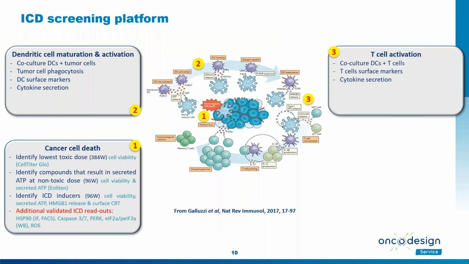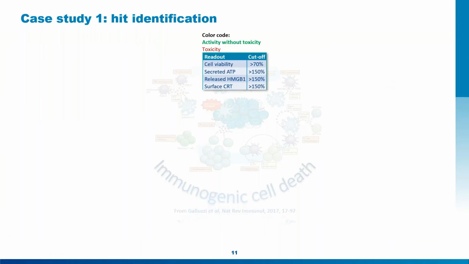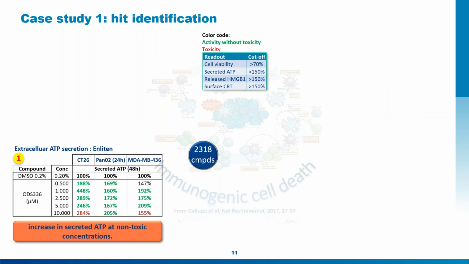Then the end of the cycle is how DC is able now to turn on T cells, and then it's another co-culture assay where we have DCs and T cells either coming from mouse or from human, and here what we measure is T cell activation through change in surface markers and change in cytokine secretion. And I want to show you some examples from that.